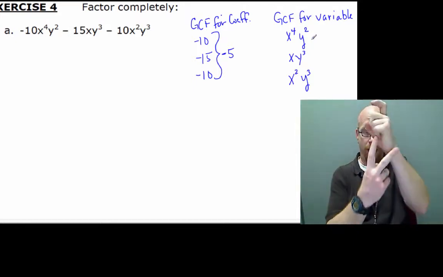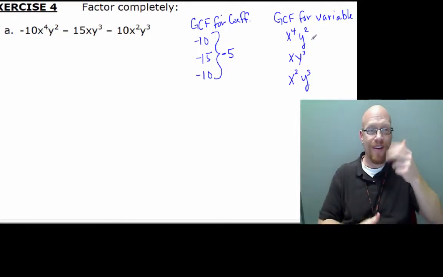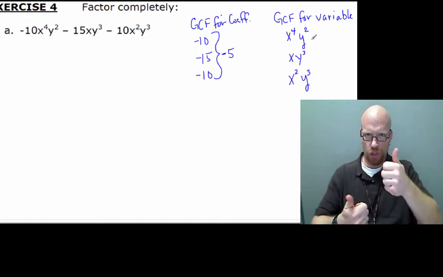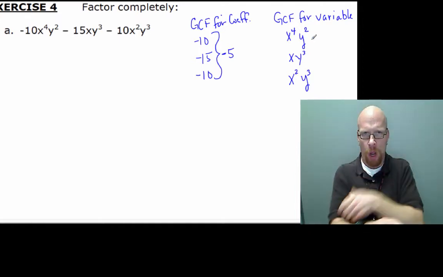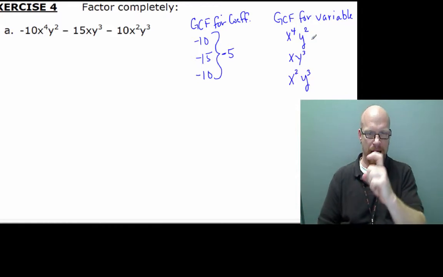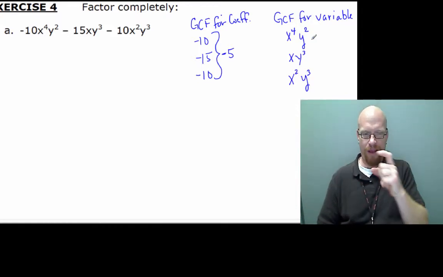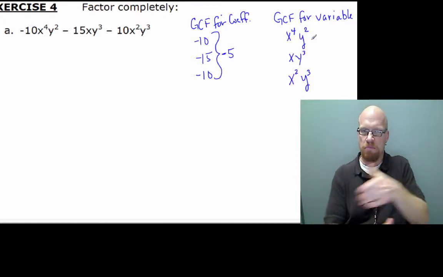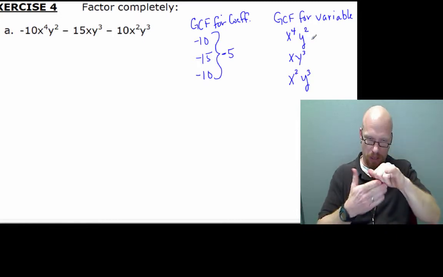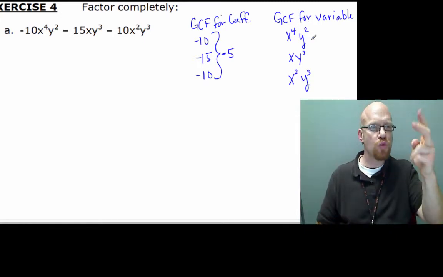Now you can see here I've listed the variable parts of the terms in x and y. Now for each variable I'm going to pick the lowest power. For the x variables, I can see the x to the first power is the lowest power we have for x. We're going to keep that in mind.